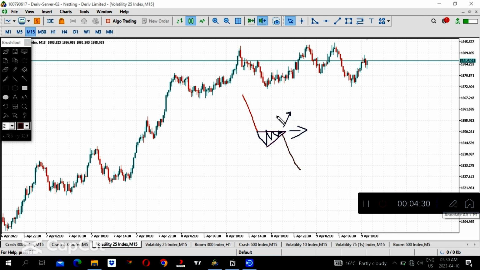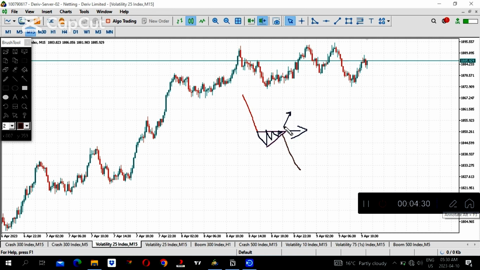But personally, I don't anticipate that it will continue downwards straight away. I just wait for the breakout and retest, then I enter in that direction. If it breaks out to the upside, well, that's it. I'm going for the uptrend.